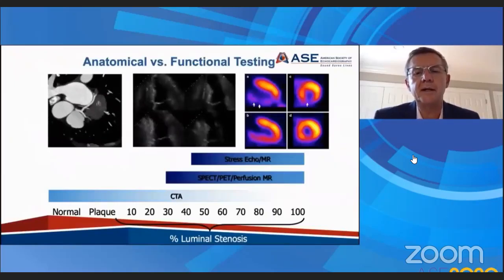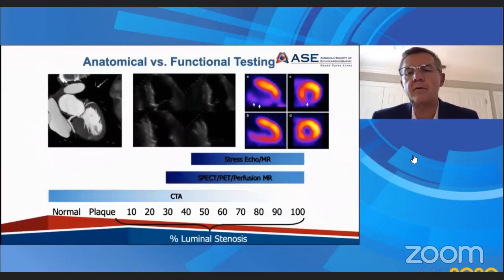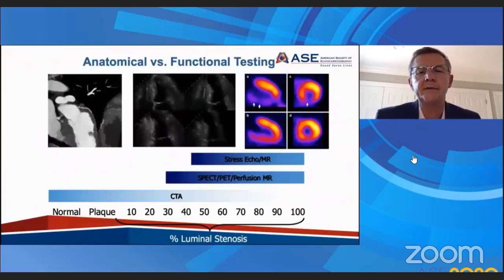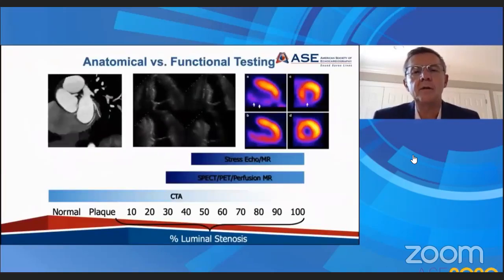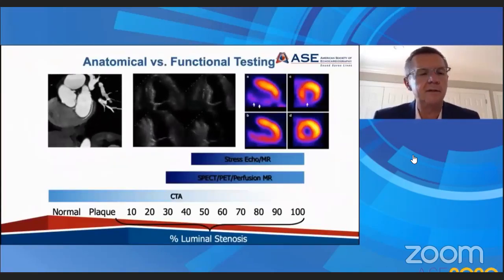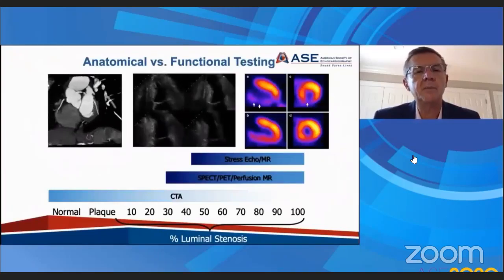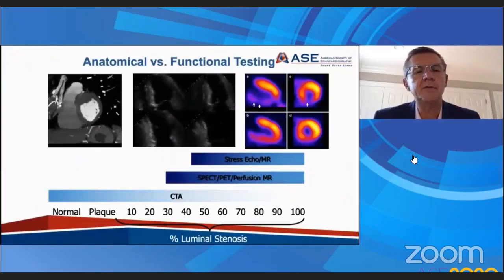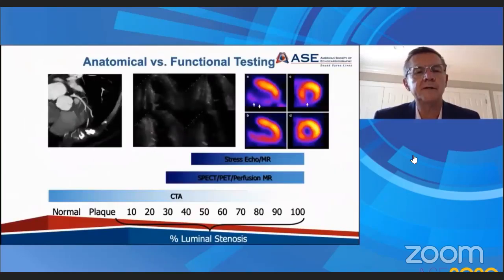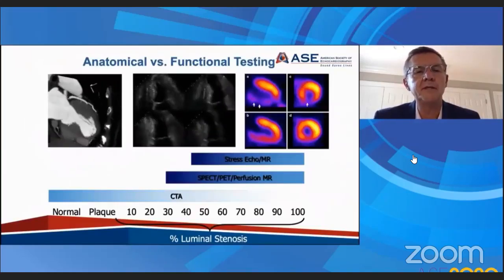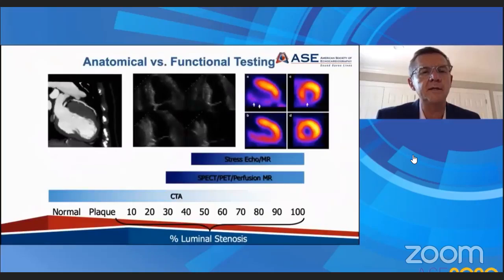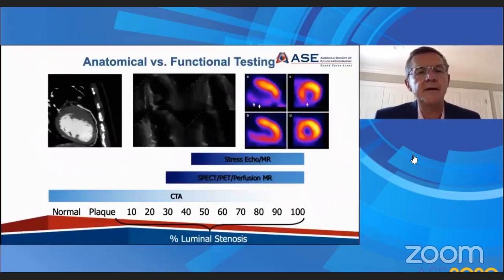That typically sits in the range of 50 to 70% stenosis, and that's how typically functional imaging establishes the diagnosis of CAD. In contrast, CT represents the opportunity of visualizing coronary disease at an earlier stage, even before invasive coronary angiography, since it allows us to visualize the vessel wall.